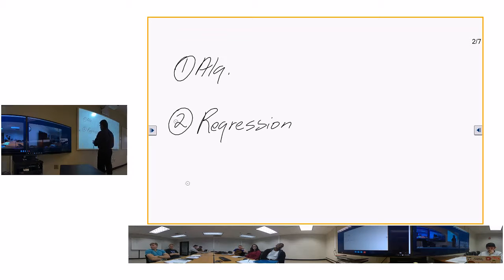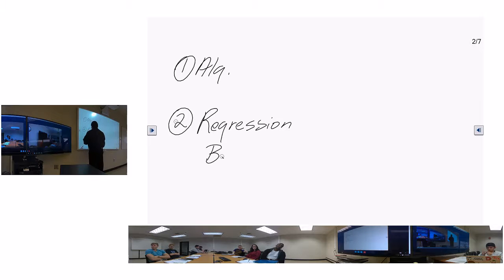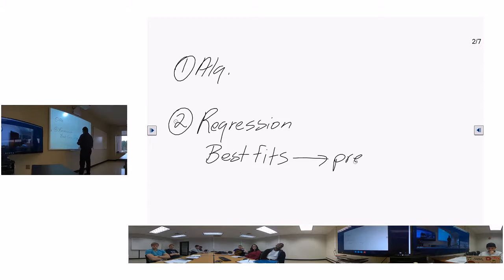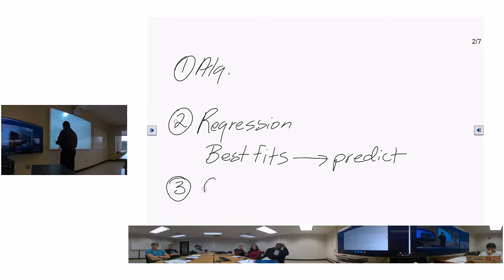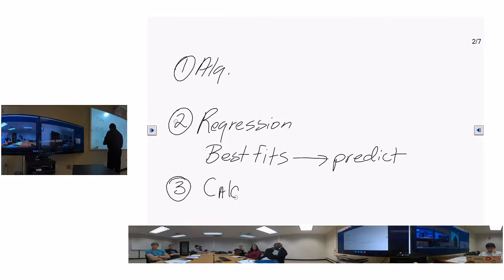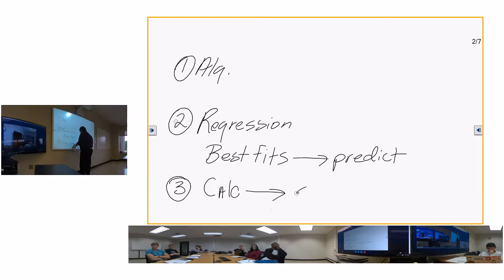You're capping on regression because you want to be able to get a line in there that best fits the data so you can predict. At the same time, you want to be able to start using your calculus to find the slope at any point.